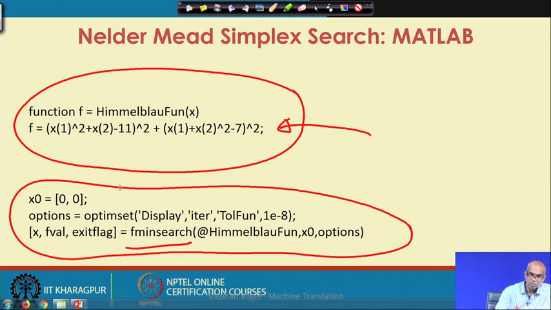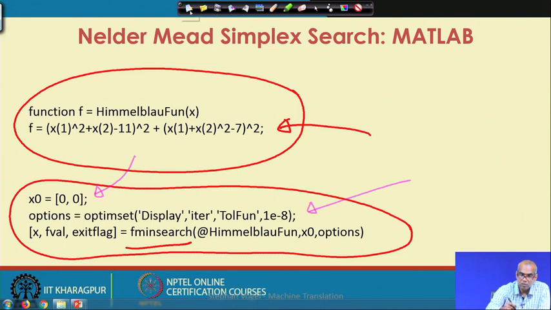Here x0 is the initial starting point, and this instruction, options equal to optimset, Display, iter, TolFun, tells MATLAB to display the results at each iteration. The tolerance value has been set as 10 to the power minus 8.